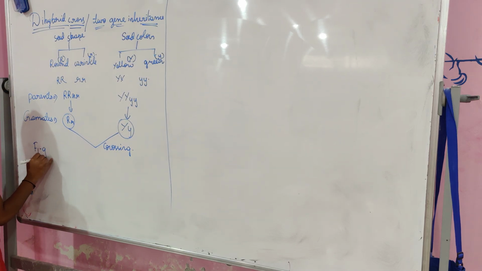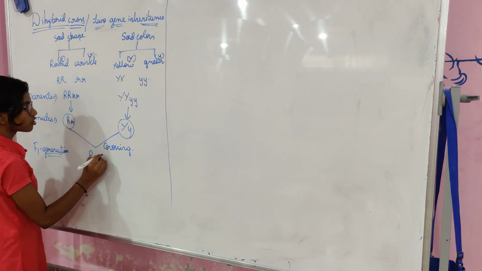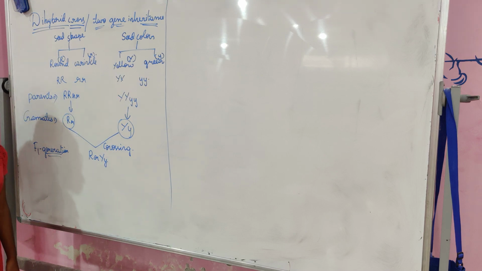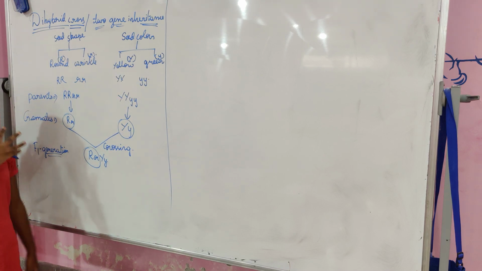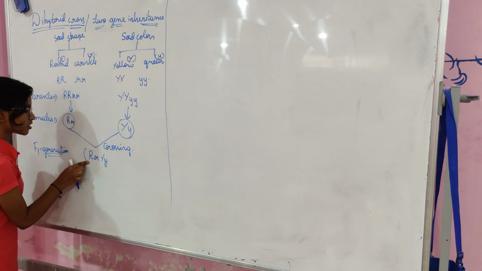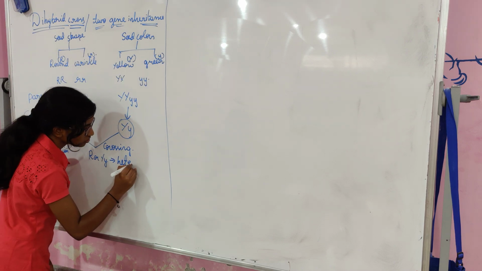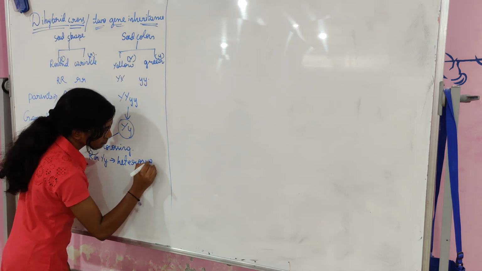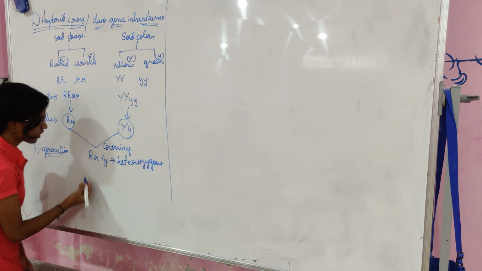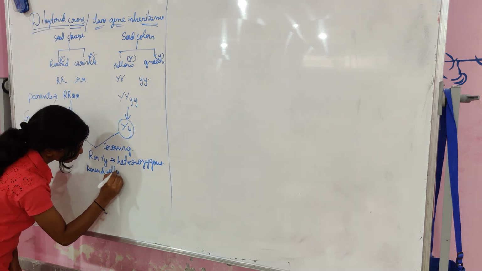Capital R, small r, capital Y, small y. You have to write one character on one side, another character on the other side. So this is the F1 generation, and it is heterozygous. And this is round yellow.